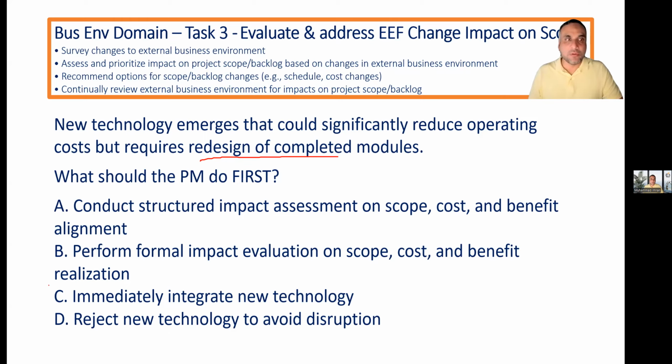This word, who could take action on it? Benefit realization. Product owner, sponsor, yes.